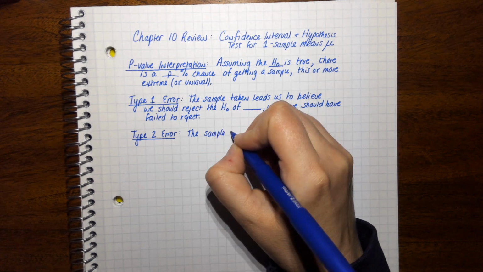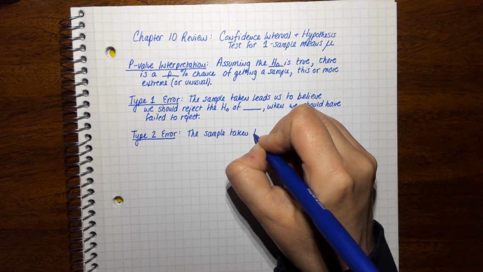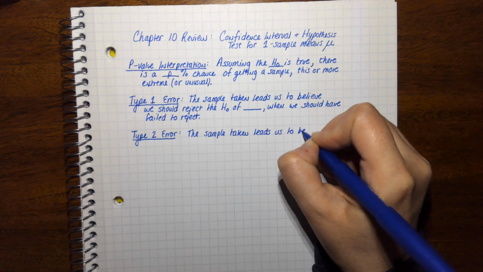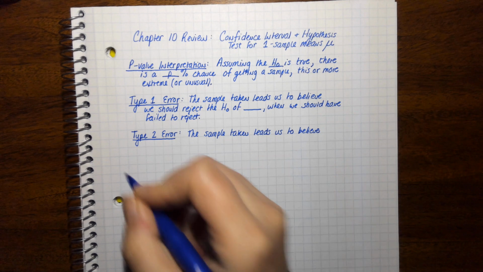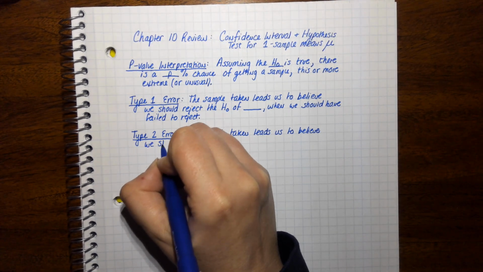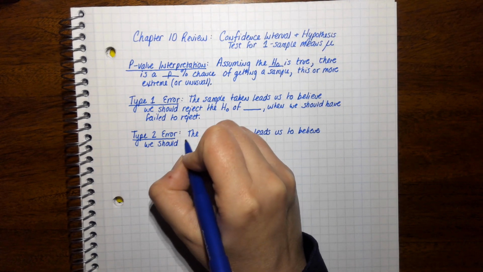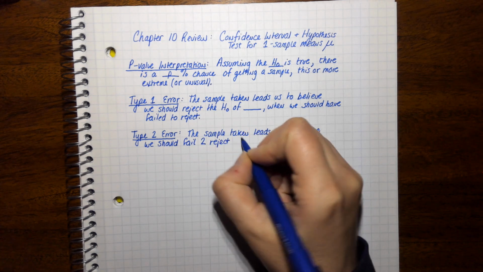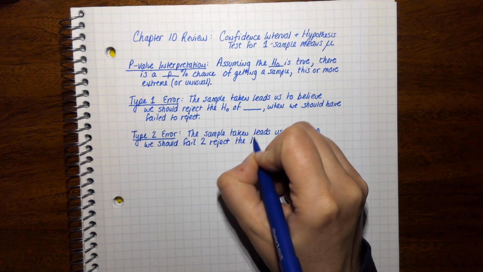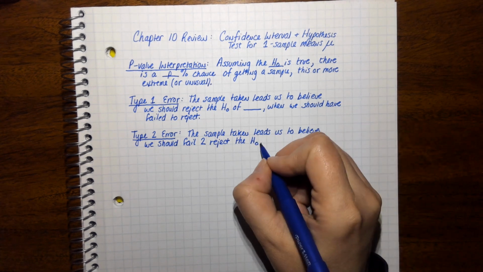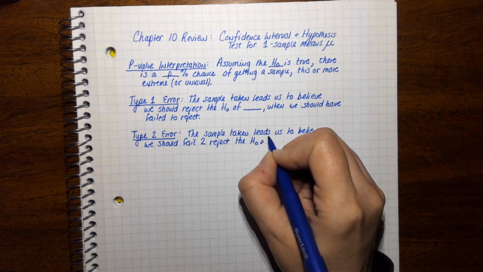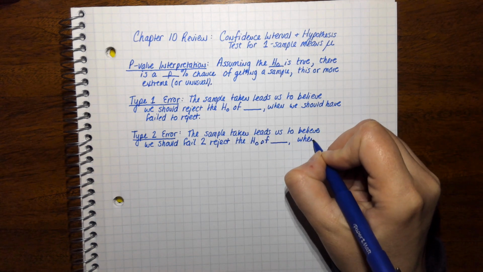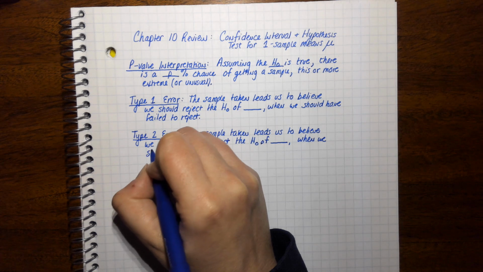Type 2: the sample taken leads us to believe we should fail to reject the null hypothesis of blank when we should have rejected.